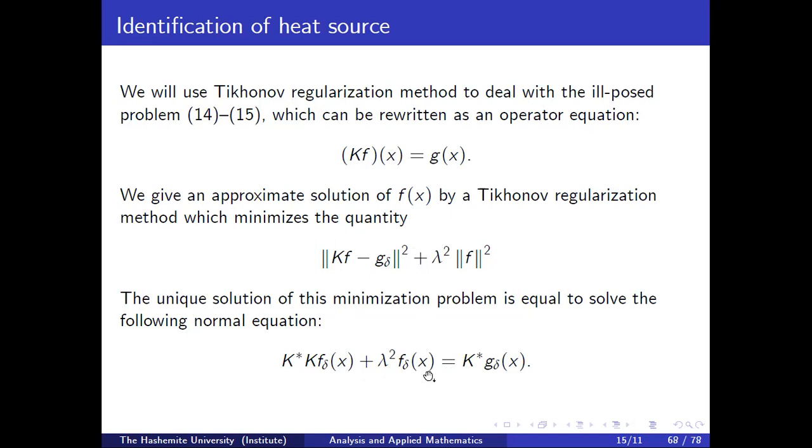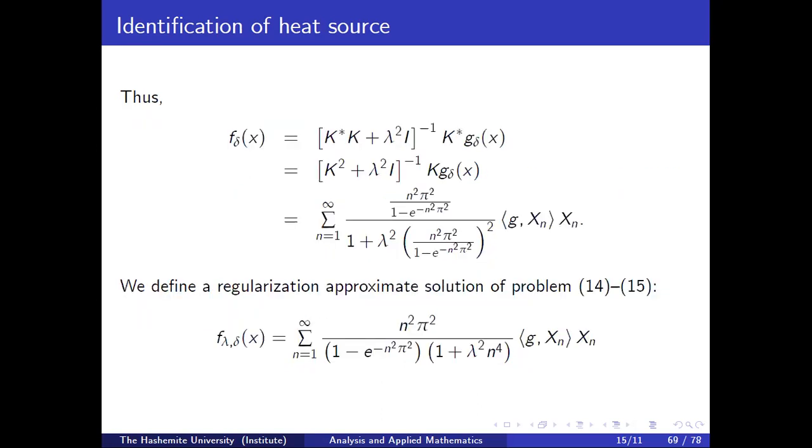So this is the solution, because K adjoint is K, since K is self-adjoint. So we can write f delta in this way, just a small substitution. Now look, f delta depends on lambda, so I will call it f lambda delta of x.